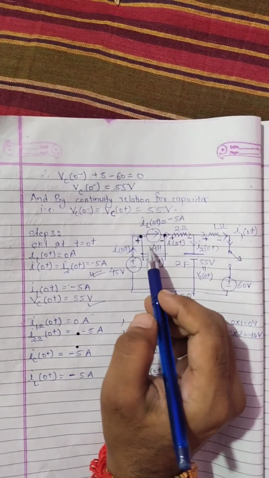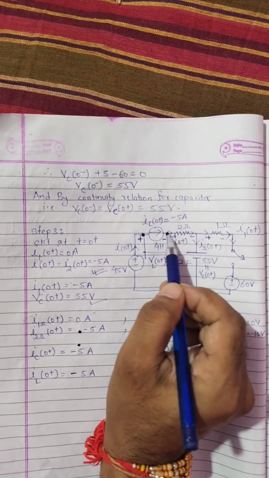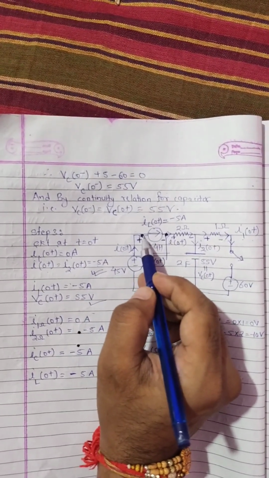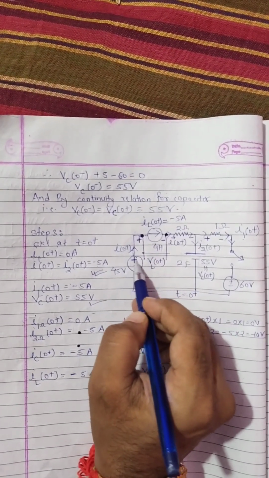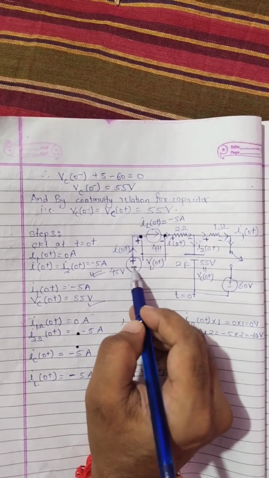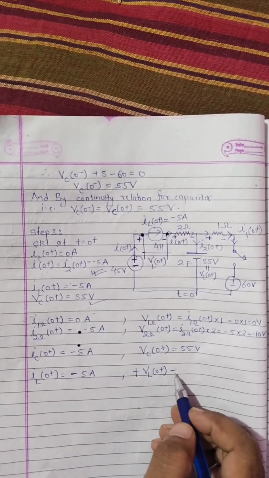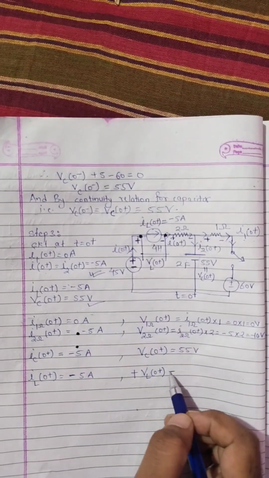Now we will follow one of the paths. Let us follow this path. We move from this terminal to this part. We are moving from plus to minus, so this will be minus. Whatever comes at the end, that sign will be taken.